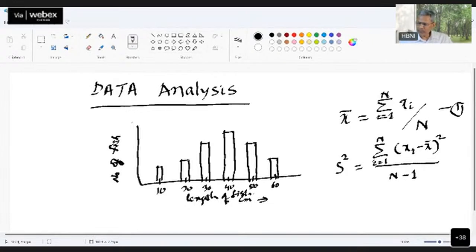Maybe these two numbers will give better visualization than giving a whole table where the length of all the fishes is written. So this is one example where many numbers have been reduced to few, to be precise only two numbers, and they can convey even better than information about the individual detail.